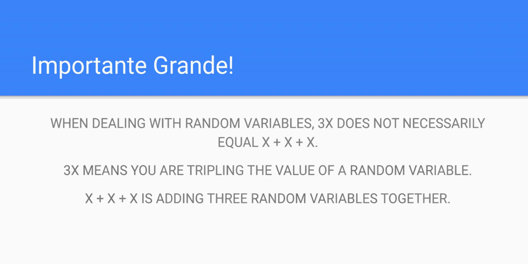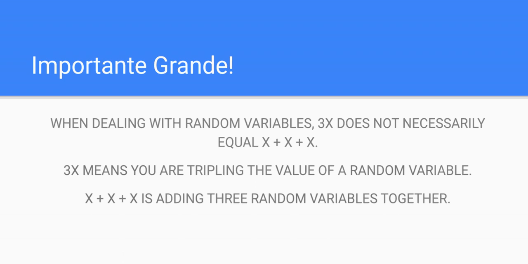So we're doubling the discount like we did in our example at the Quiet Nook restaurant. X plus x plus x means we're adding 3 random variables together. When it comes to the mean, it won't make a difference. However, when it comes to the standard deviation, and by default, the variance, it will make a difference.